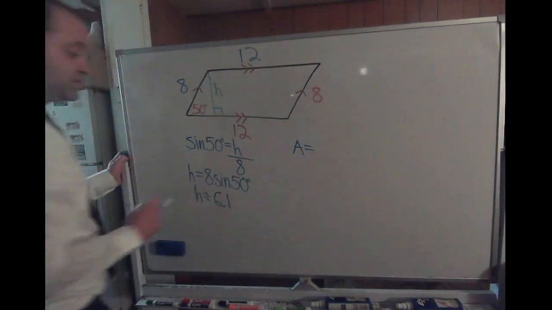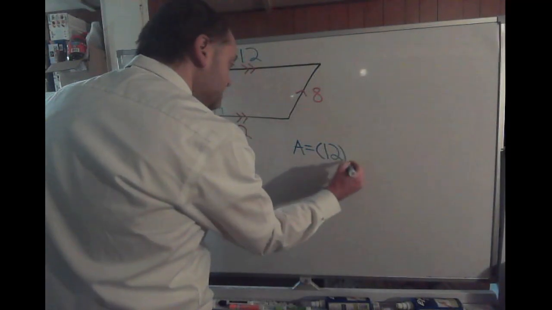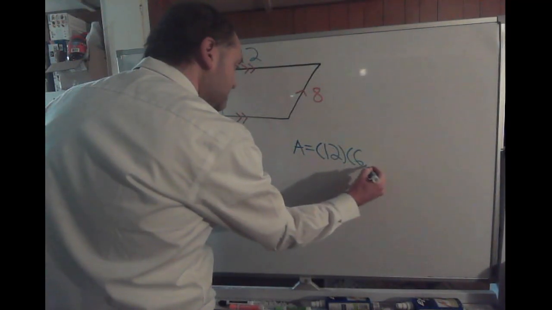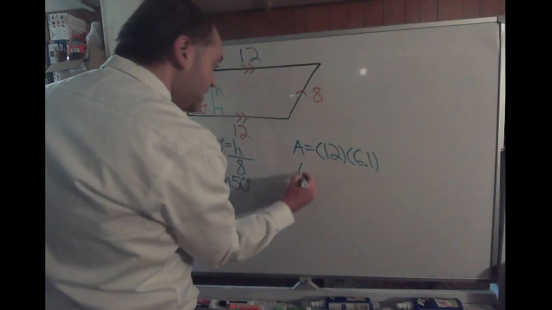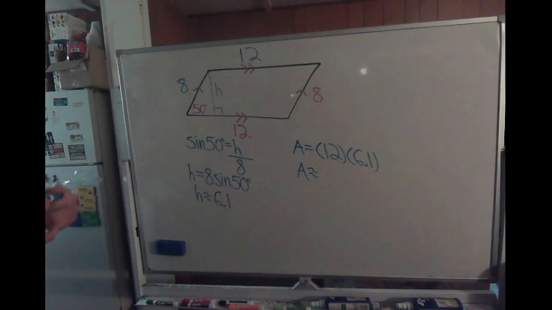The area, of course, is equal to the length of that base, which is going to be 12, times your height, which is approximately 6.1. And then the area is also going to be an approximation to the nearest tenth instead of exact, because the height was approximated. So let's take 12 times 6.1.